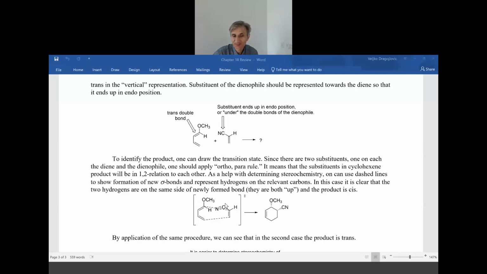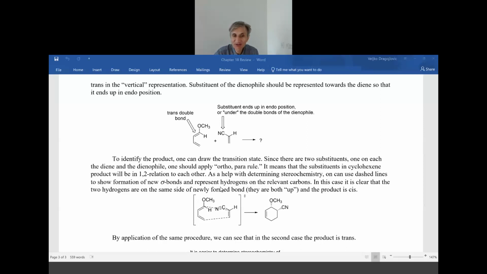That's why the substituent ends up below the plane of the ring. For steric reasons, actually, it should be on the outside. So sterically this would be less stable. And now to figure out the stereochemistry. First, of course, you should actually consider regiochemistry, not stereochemistry.